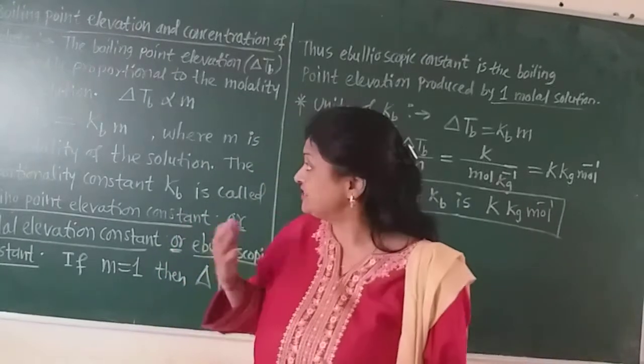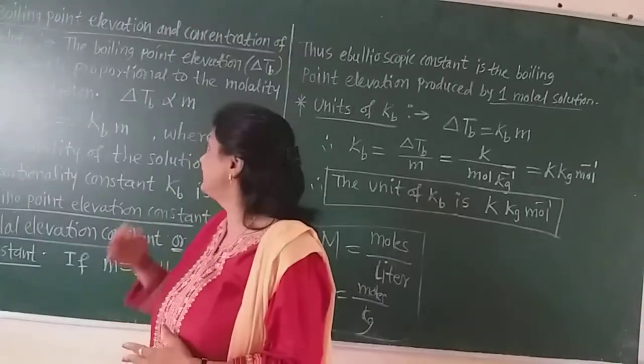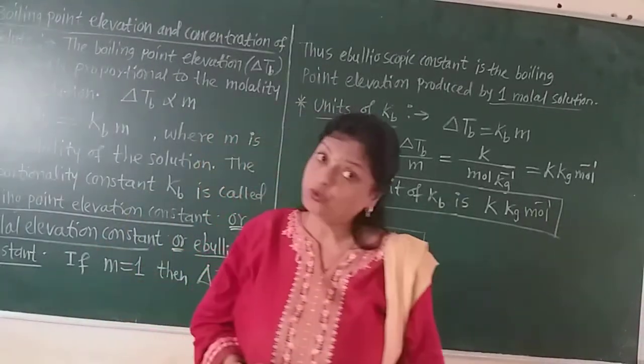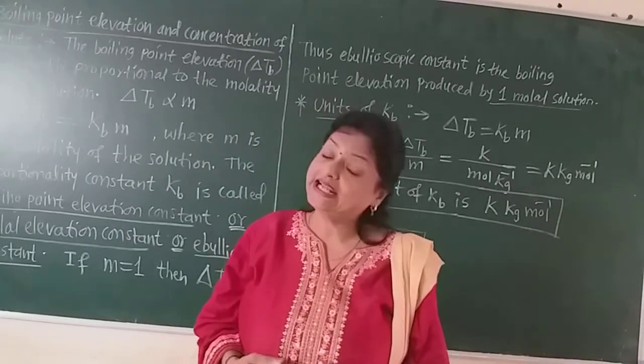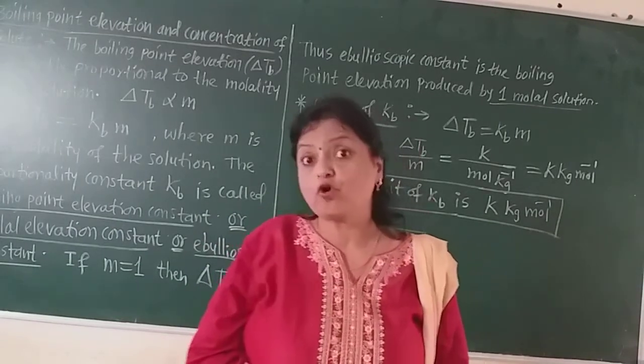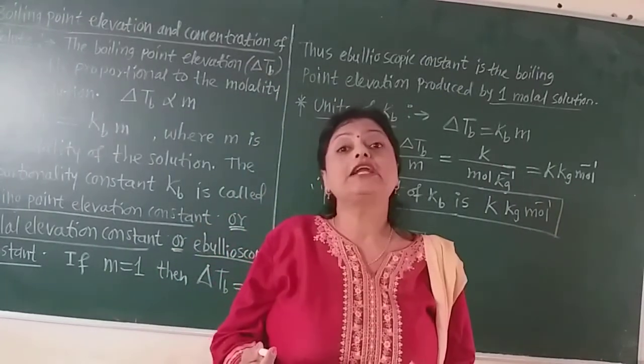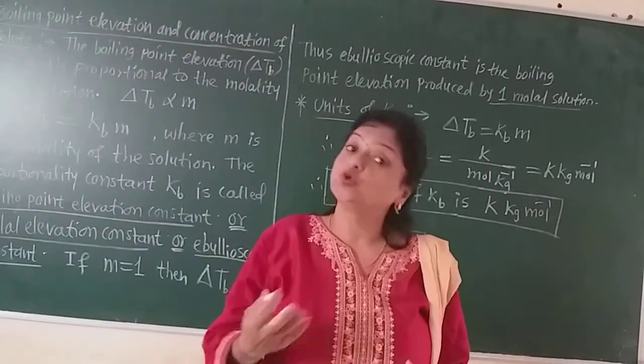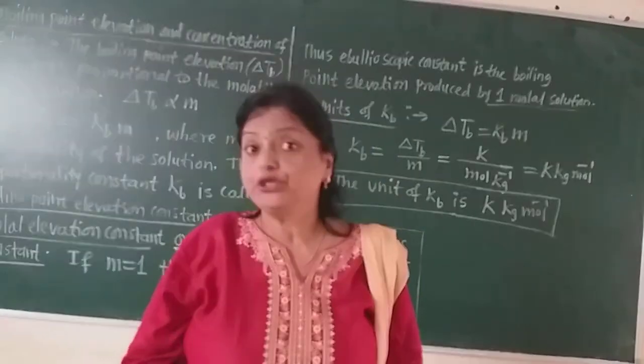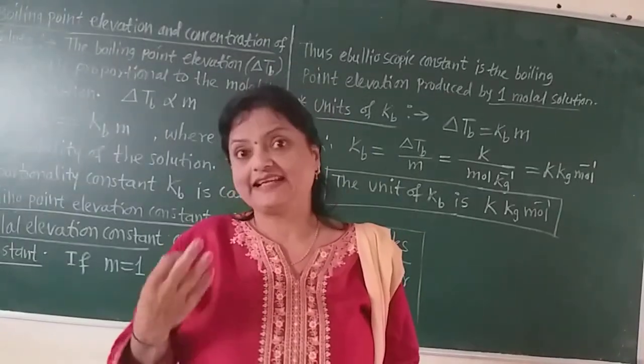And if you understand this equation, delta Tb is equal to Kb into m, where Kb is the molar elevation constant or ebullioscopic constant, and its definition is the elevation in boiling point when the molality of the solution is 1 molar, and how the unit of the Kb is Kelvin kilogram per mole.